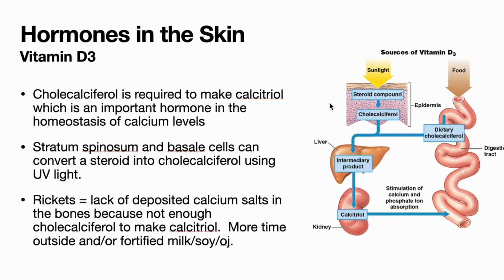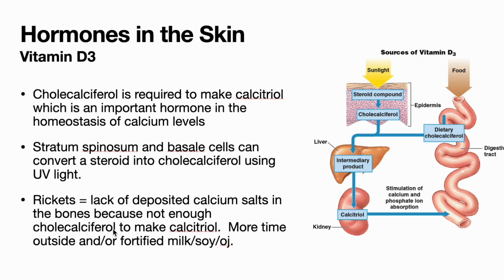If you don't have enough vitamin D or cholecalciferol, then you could potentially develop rickets, which is a lack of calcium salts in your bones, because the only way that you can absorb calcium is if you have cholecalciferol to make calcitriol to make you absorb the calcium.